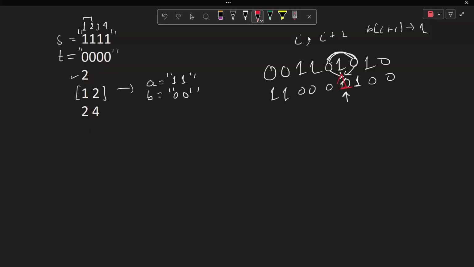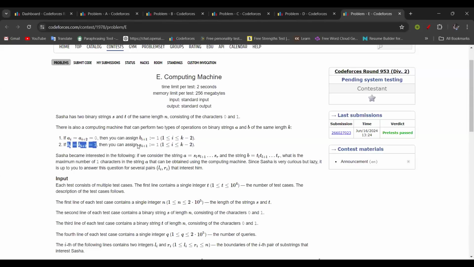Now the second operation is: if you have B[i] equal to B[i+2] equal to 1, then you can assign A[i+1] as 1. So it is the same thing in opposite order.